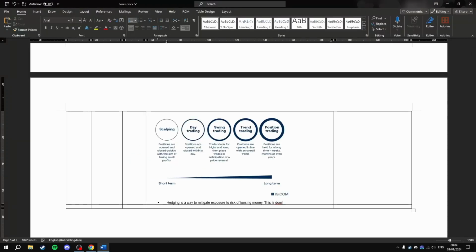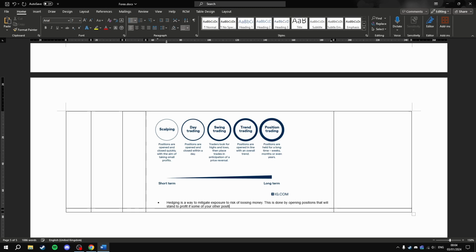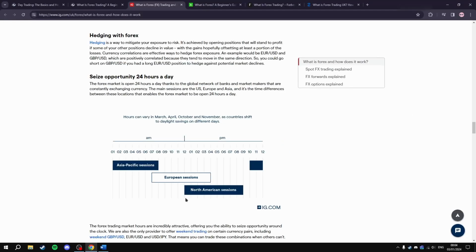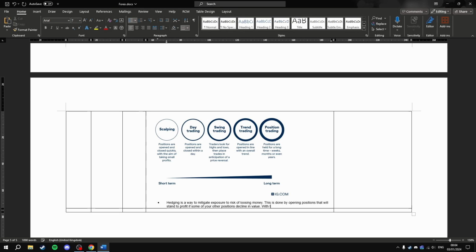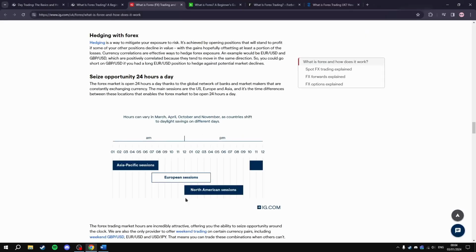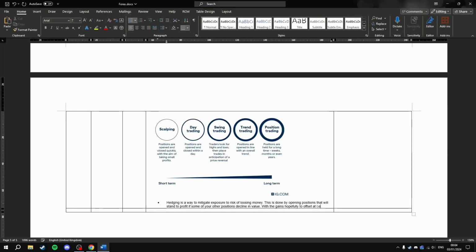This is done by opening other trades that will stand to profit if some of your other positions are declining, with the gains hopefully offsetting at least a portion of the losses.